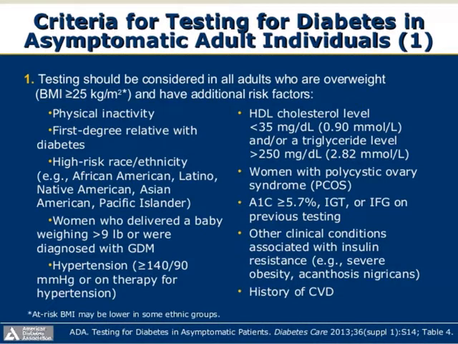Some criteria for testing for diabetes in asymptomatic adult individuals. Testing should be considered in all adults who are overweight, and you know the term BMI, which denotes body mass index.